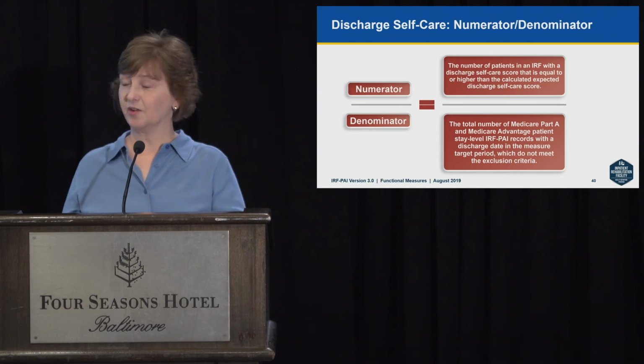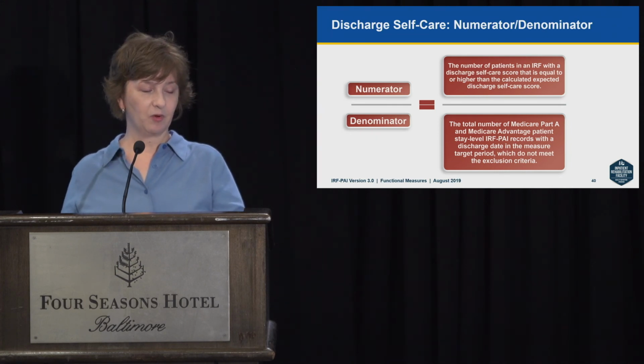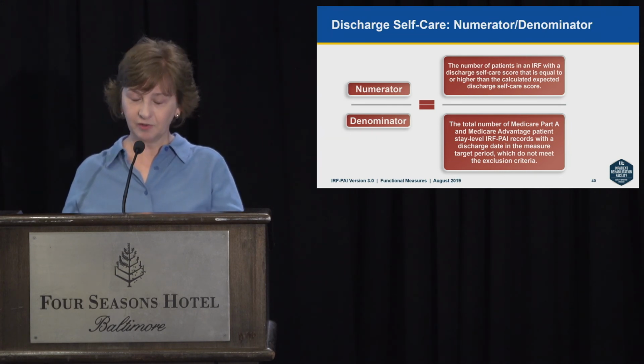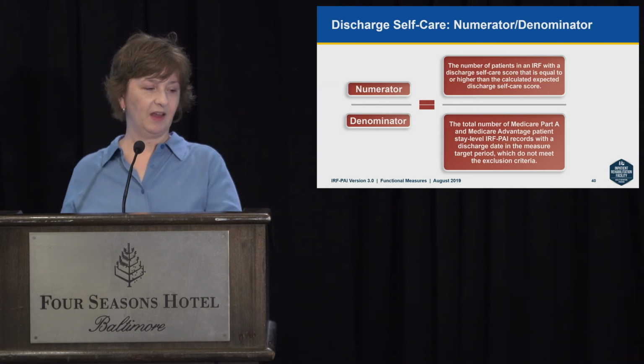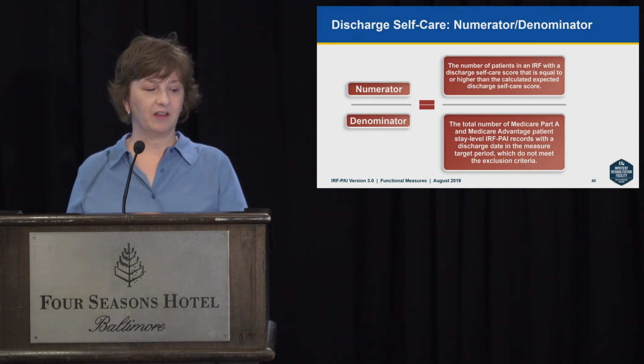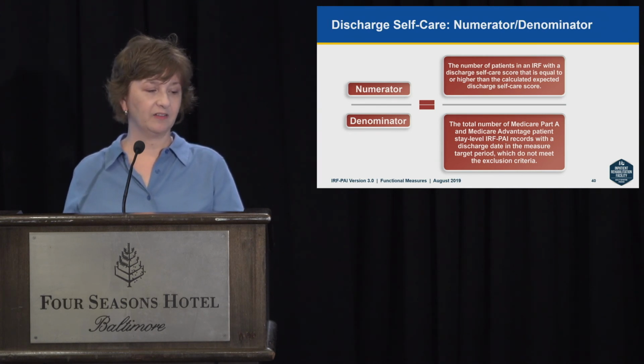The numerator is the subgroup of patients included in the denominator who are in an IRF with a discharge self-care score that is equal to or higher than the calculated expected discharge score.